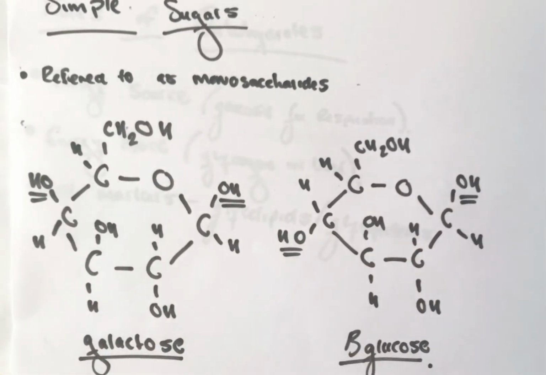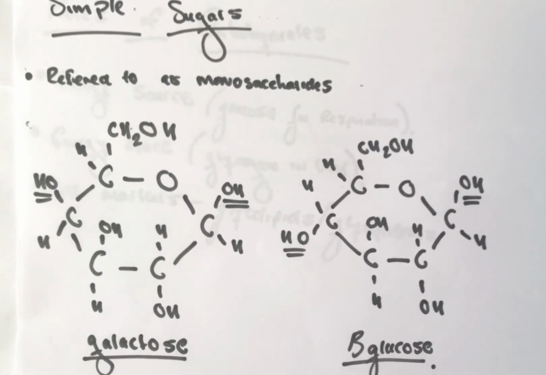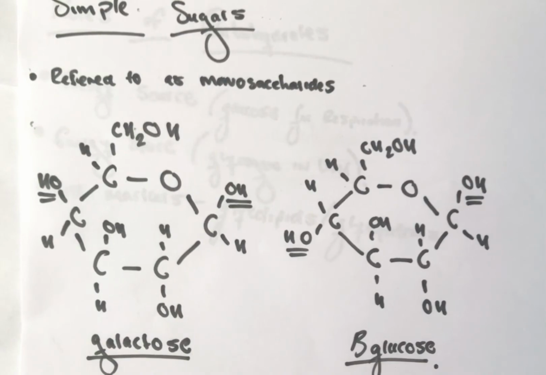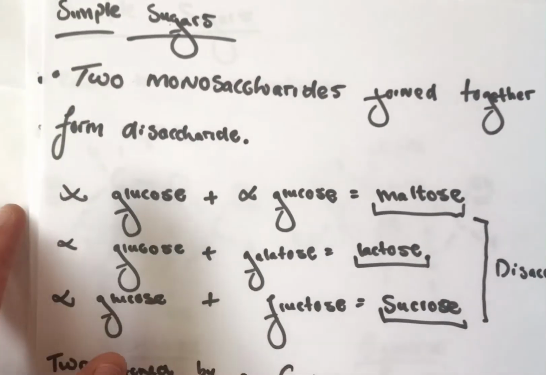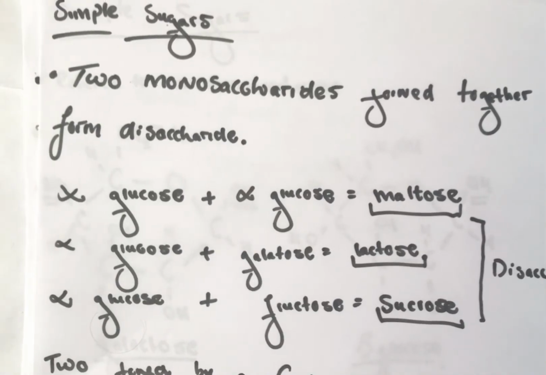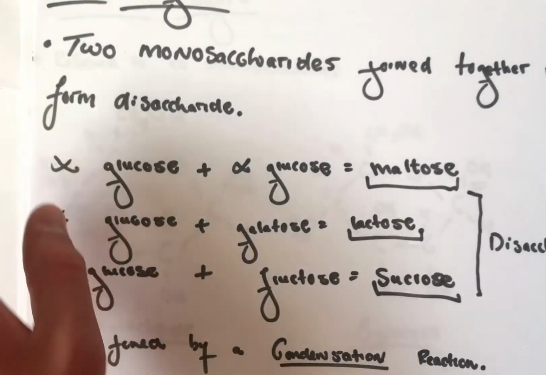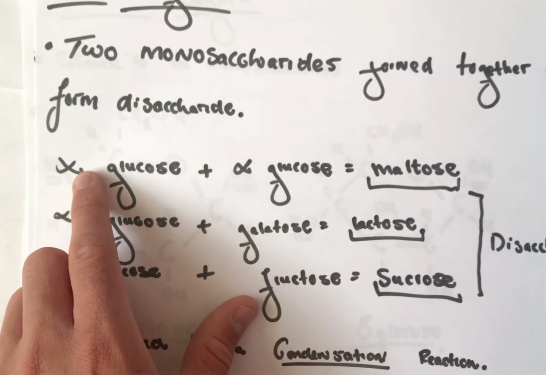So there are subtle differences, but these give the individual monosaccharides their chemical properties, and therefore they differ from each other very slightly. Now, joining two monosaccharides together creates what's known as a disaccharide, and there are a few here to have a look at. Alpha glucose, this sign means alpha.